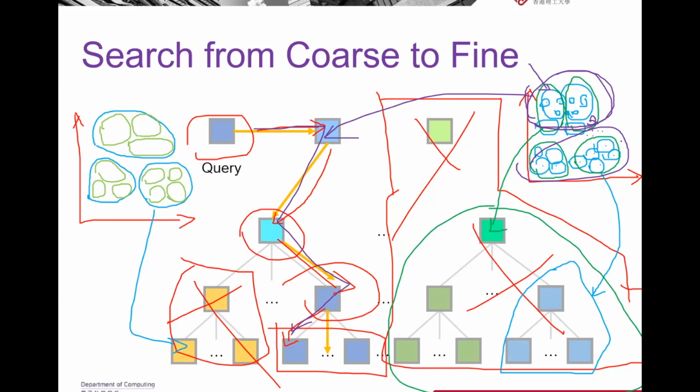But how do we address that problem? Is there a way we can address it? Yes, we can. It happens a lot in computer science: if you want to improve the performance of one side, you might have to pay the price on the other side, right? So if we want to improve the accuracy, we might have to sacrifice the efficiency.